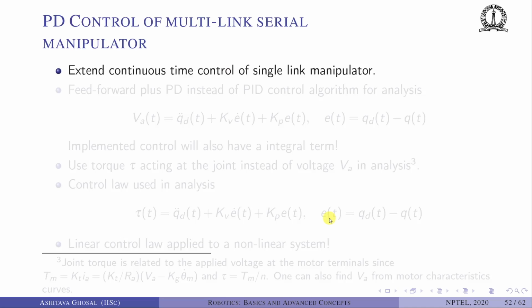For PD control of multi-link serial manipulators, we extend the notion of continuous time control of a single link manipulator.